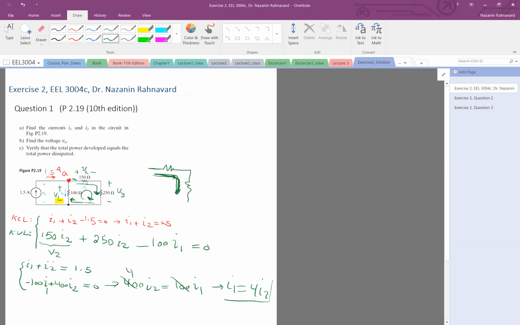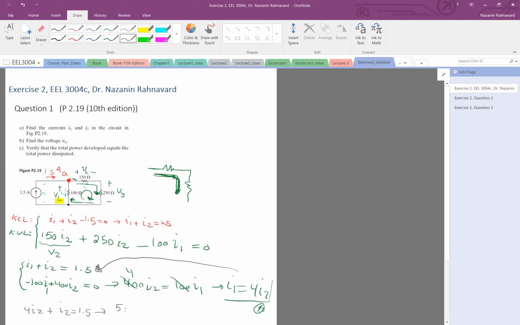Then the summation of them is 1.5, so I replace I1 in the first equation: 4 I2 plus I2 equal to 1.5.